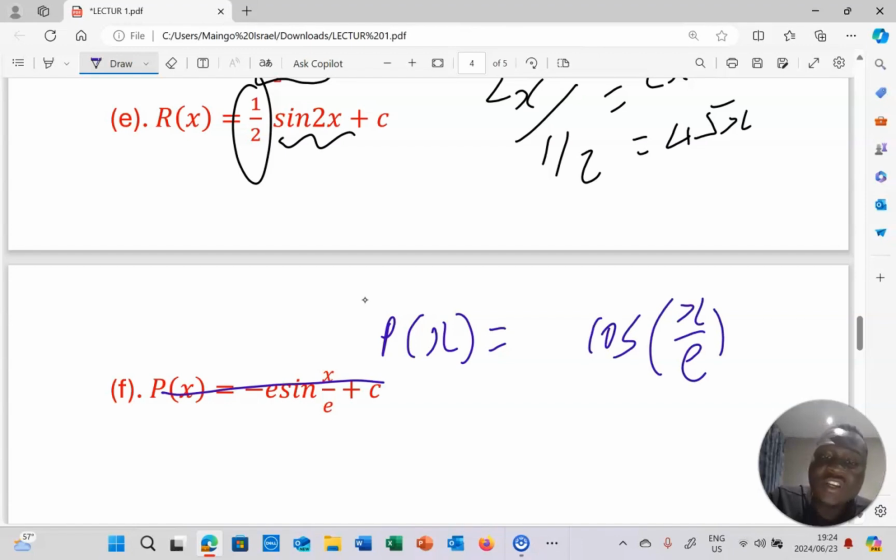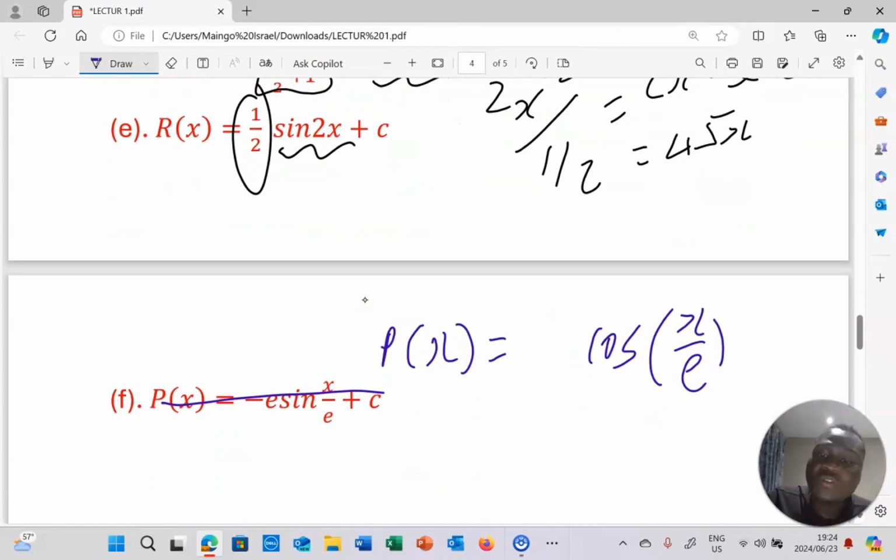We differentiate cos, because when you differentiate cos we get negative. We must have negative cos. But because we're going to make use of the chain rule, that means we will have 1 over e, negative 1 over e. No, it will be e, sorry. It will be e, not negative. It will be negative e times cos x over e plus a certain constant.